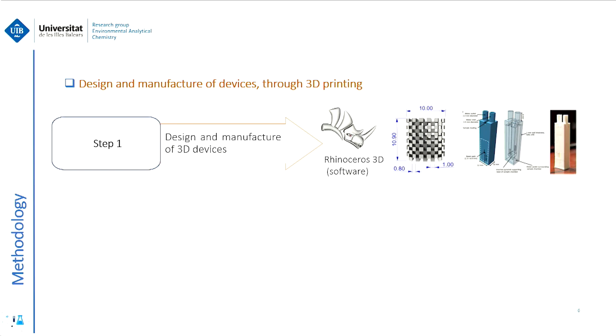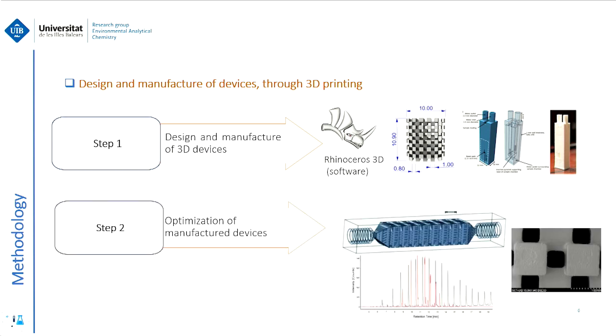The first step is to design and manufacture the 3D devices. For example, we can use software like Rhino 3D to make the first design, and then we can make the solid, or the print, of the device that we want.